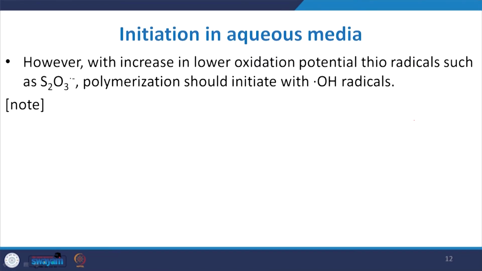Now, however, with an increase in the lower oxidation potential, the thioradicals such as S2O3 negatively charged, the polymerization should initiate with the OH radical.